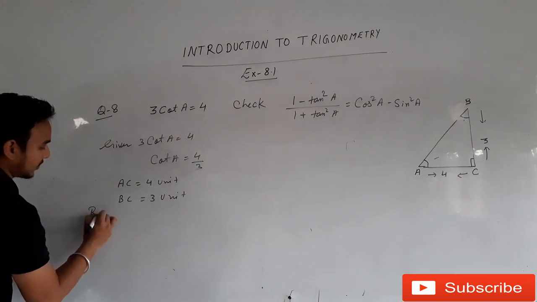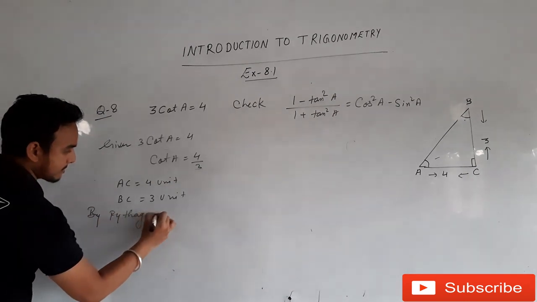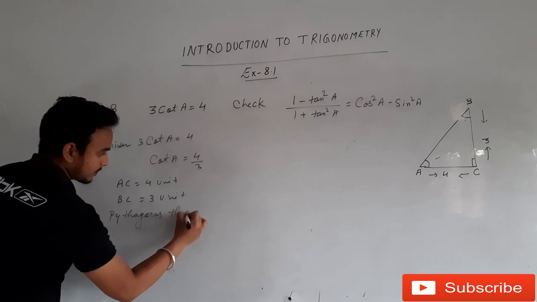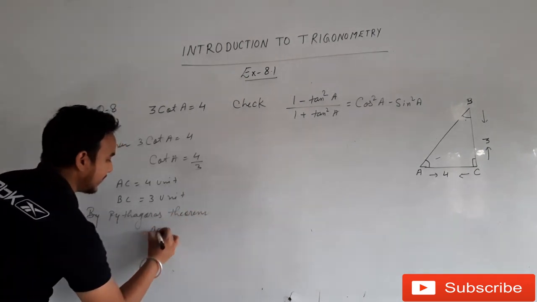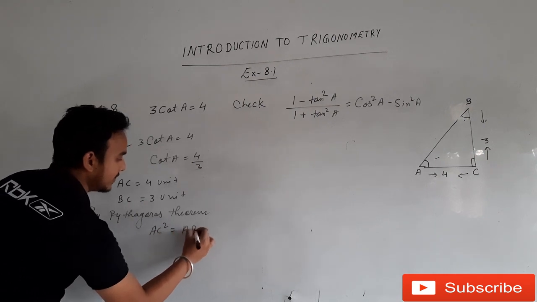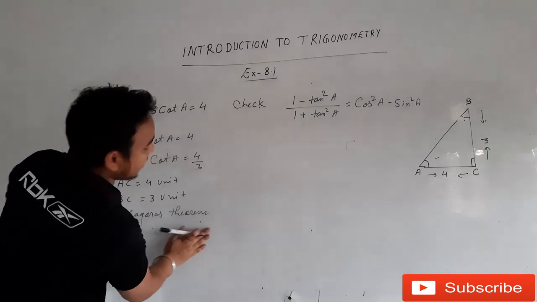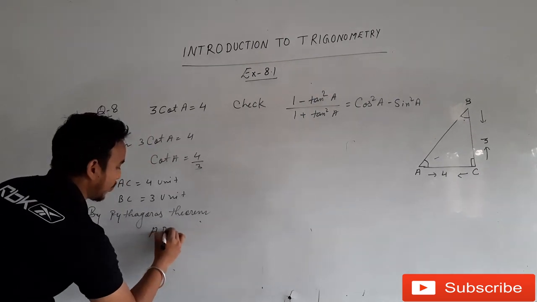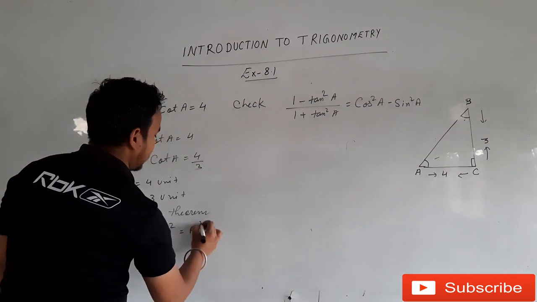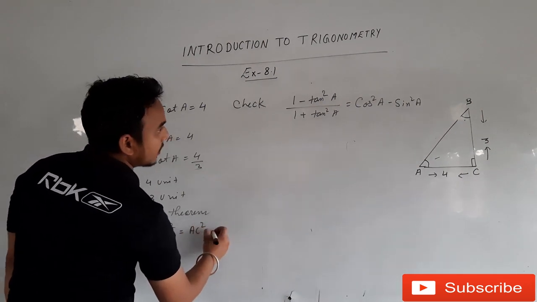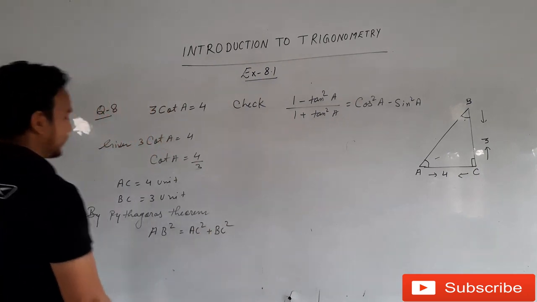By Pythagoras theorem, AB square is equal to AC square plus BC square.